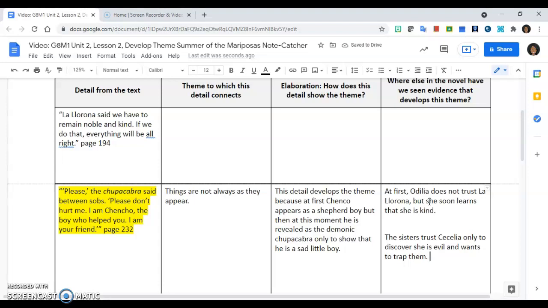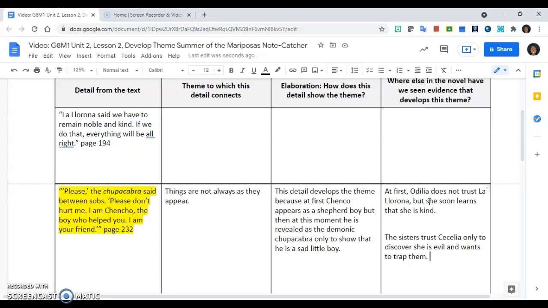Now, some of you may have put that Cecilia was evil, she wanted to trap them, and she cursed them, right? Now, the thing about adding the curse part is that we already know that that happened for a reason. When we talk about things are not always as they appear, we're going directly based on looks or based on first impressions, right? So you couldn't add she curses them because she does that for a reason, which takes us into a different theme. So just keep that in mind.